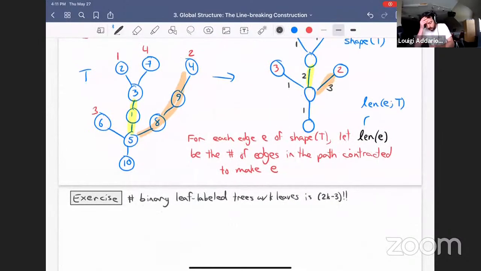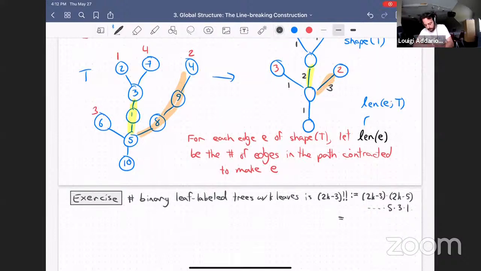You might not have seen this notation before, double factorial. It doesn't mean factorial factorial. It's like the factorial, except you only take half of the terms as you go down from 2k minus 3 to 1. So it's 2k minus 3 times 2k minus 5, and so on down to 5 times 3 times 1.